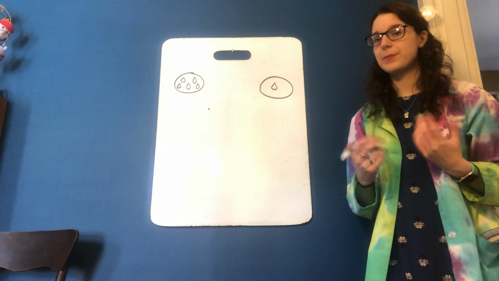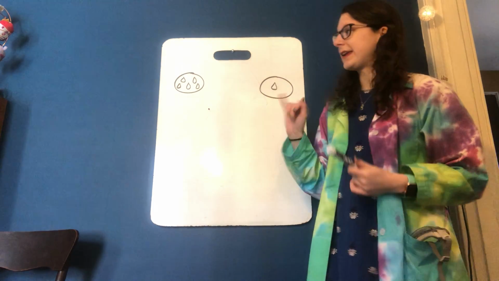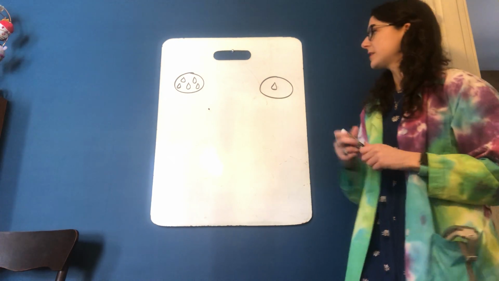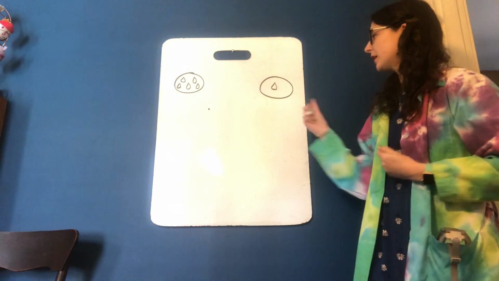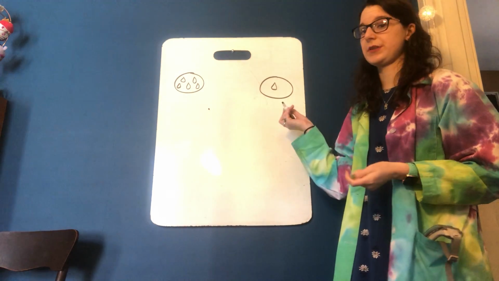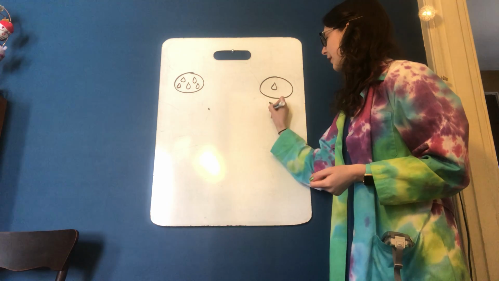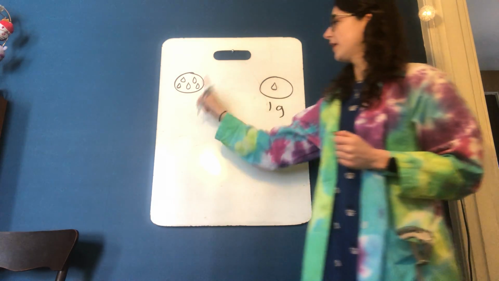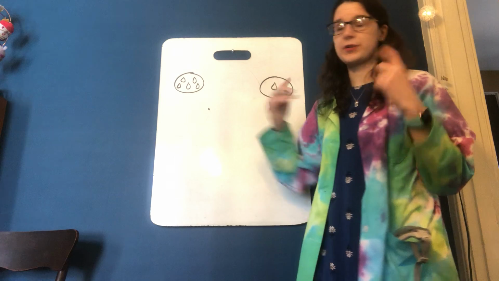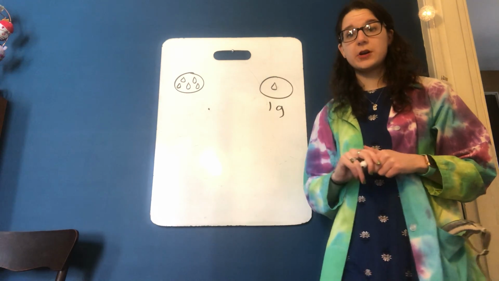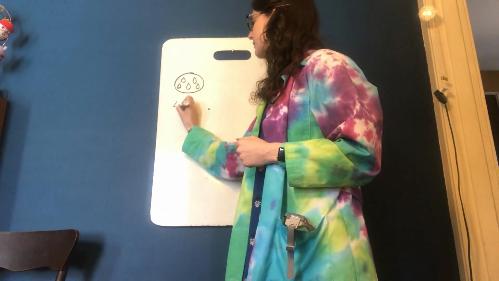math, okay? So let's assume that each kernel equals 1 gram, and I have 2 samples here. So this kernel, since there's only one, would weigh 1 gram. This sample, since we have 5 kernels, would equal 5 grams.